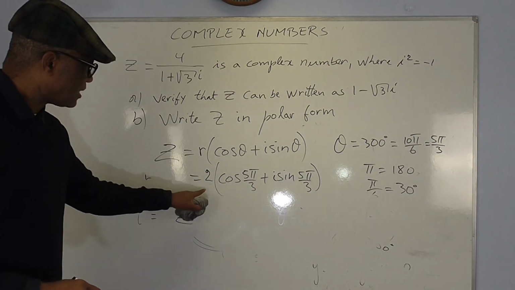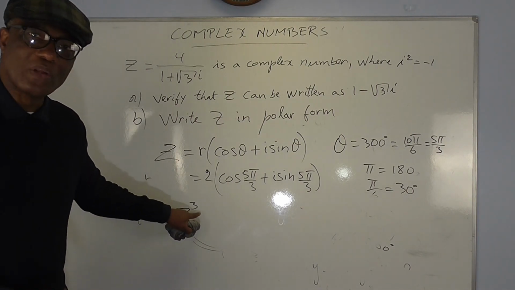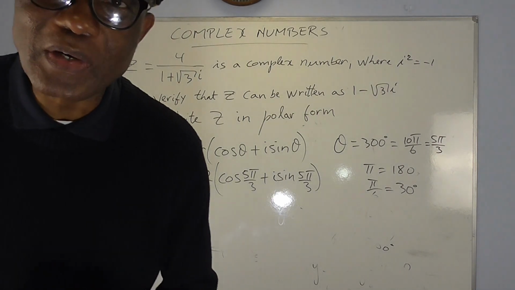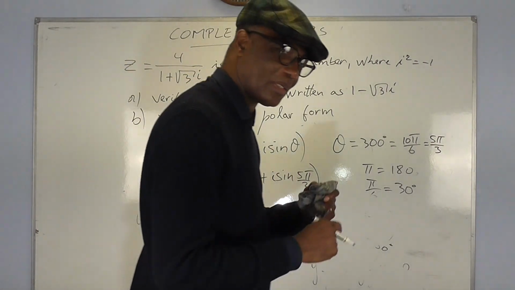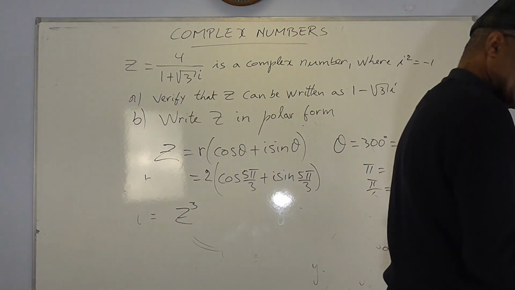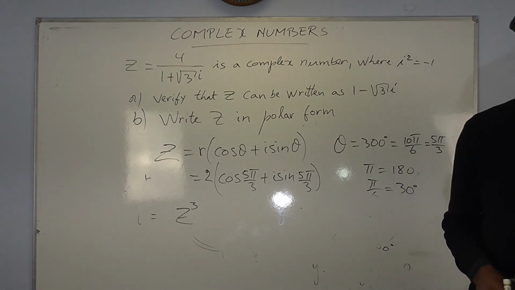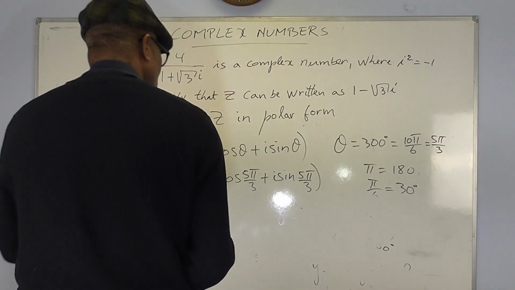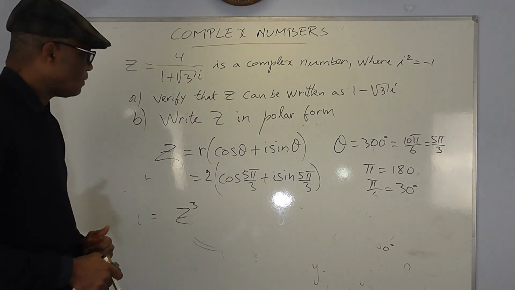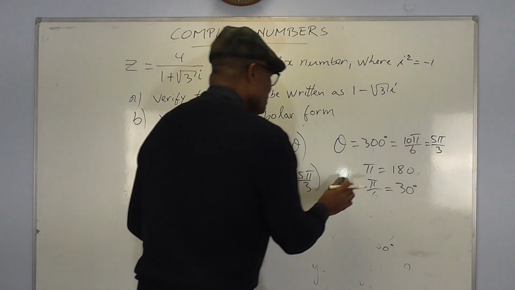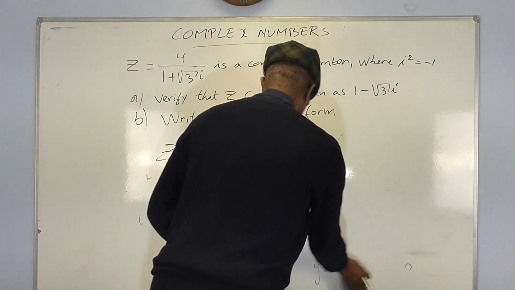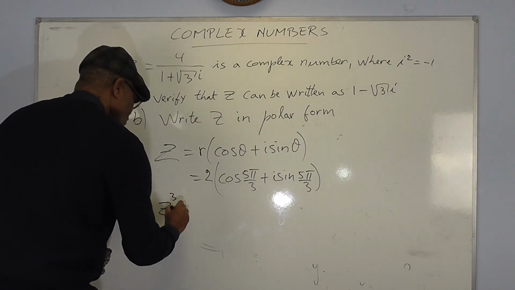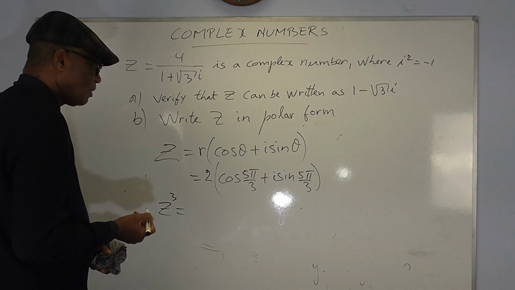So write Z to the power 3 using the Moivre theorem. It is what we are going to do now.